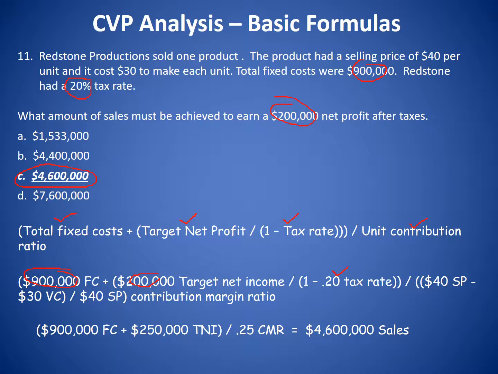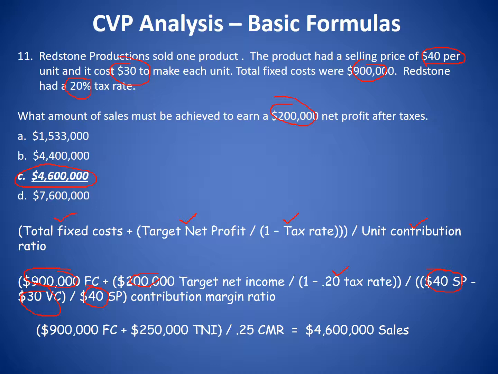Then we're going to divide that amount by the contribution margin ratio, which is our selling price of $40 minus the variable cost, or the cost to make each unit, of $30. And we divide that again by the $40 selling price to get our contribution margin ratio.